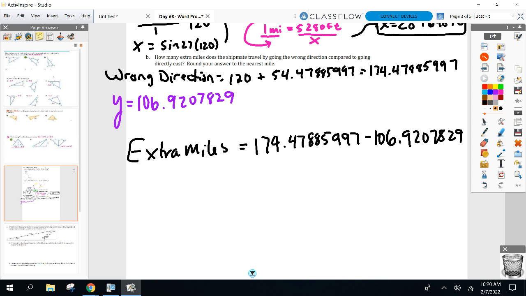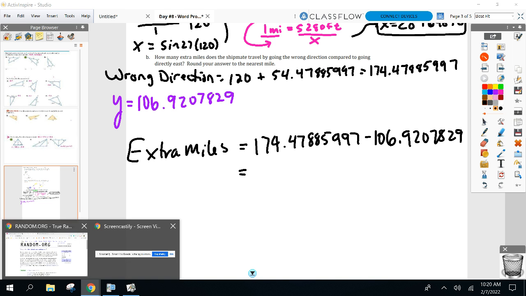106.9207829. So that's how I can find the extra miles. And then if you've done that already, round your answer to the nearest mile.